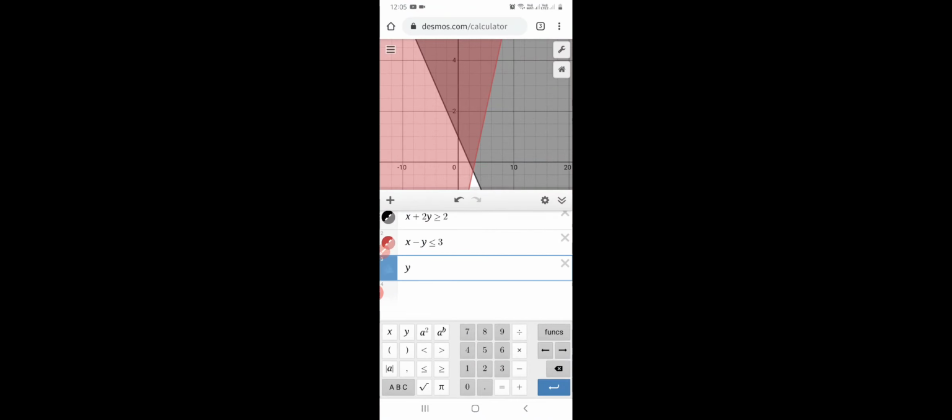Then the next ones are y less than or equal to 4 and x greater than or equal to 0.